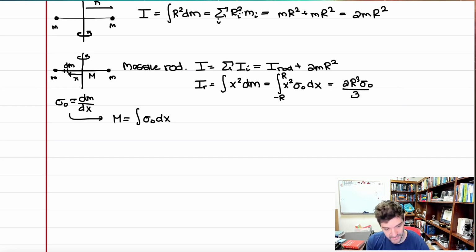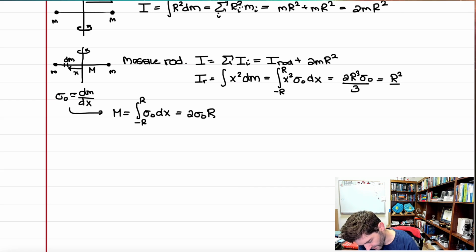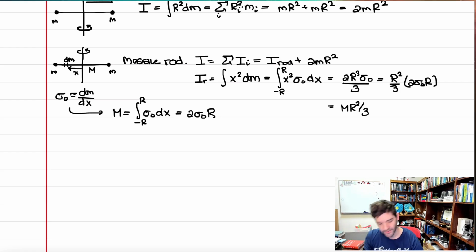Since this is a constant, going from negative r to positive r, it's just 2 sigma naught times r as the total mass. So I can factor out an r squared over 3, and the thing that's left over is 2 sigma naught times r, which is just the mass. So the total mass times r squared divided by 3 is the rotational inertia of the rod.